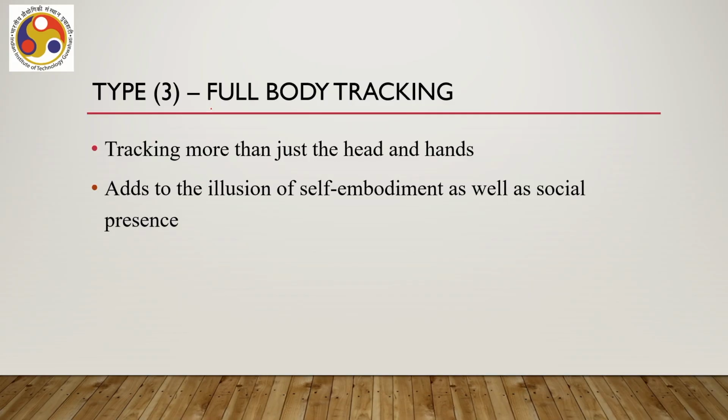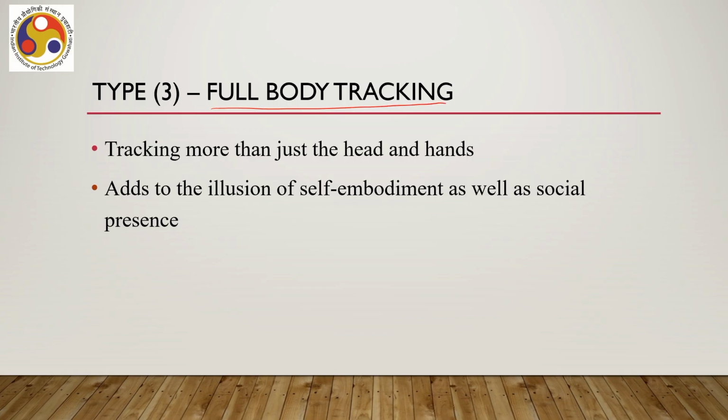So, under non-hand input we have earlier seen two categories, head input and eye tracking based input. There are other non-hand input methods, input devices as well. One such category is full body tracking.